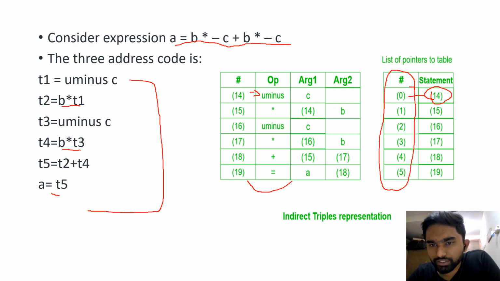So we use this pointer instead of that. This pointer does not have any reference, so it doesn't make our intermediate code complex. So that's why we use an array of pointers.